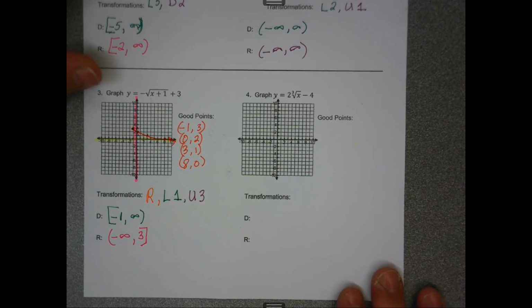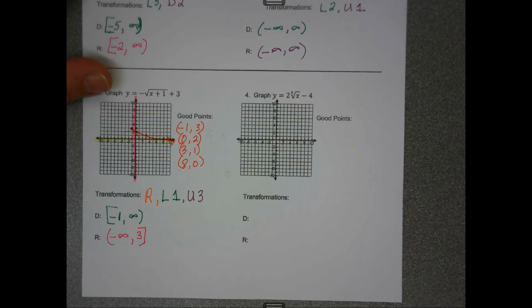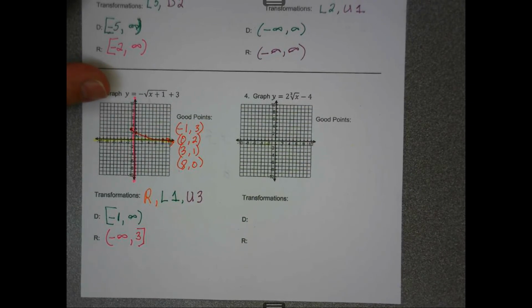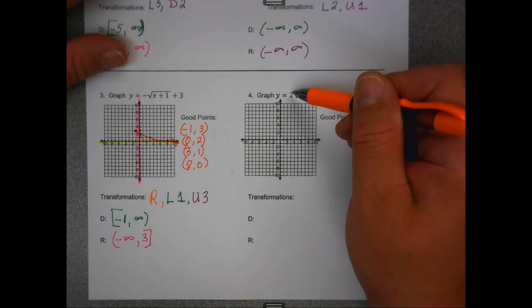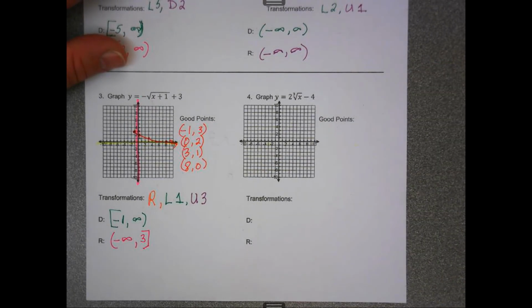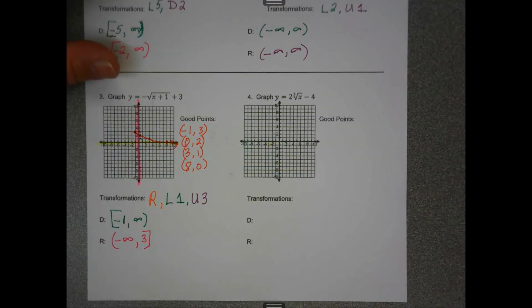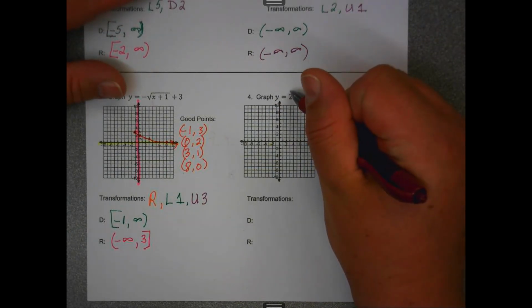And the last example here. Let's see, I have transformations. This time I don't have a reflection, but I have a whole number out in front. Now remember what that whole number does. It either stretched or compressed.